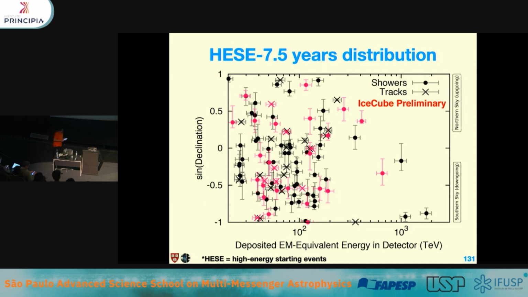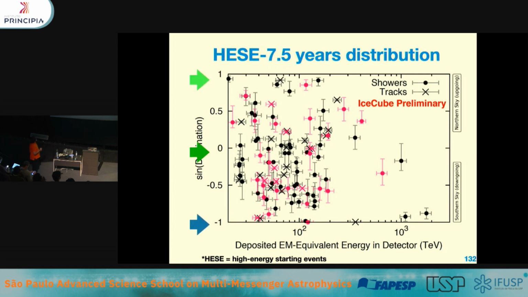So I will draw it in a minute. Another thing that's important is to know that this is the northern hemisphere and southern hemisphere. To realize if these events are astrophysical or not, we're going to use this directional information. So we're going to take advantage of not only the energy component, but the directional component to figure out how many of these are astrophysical in nature.